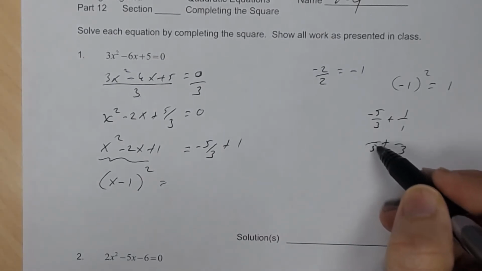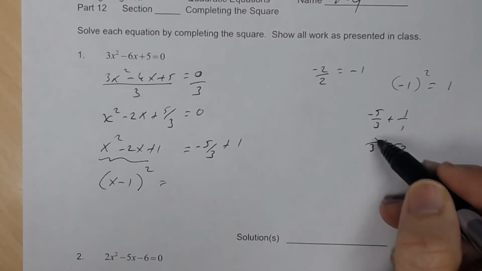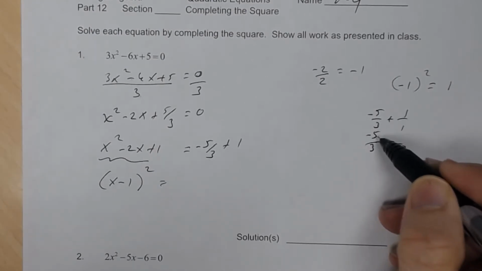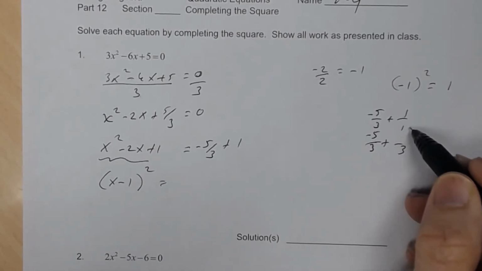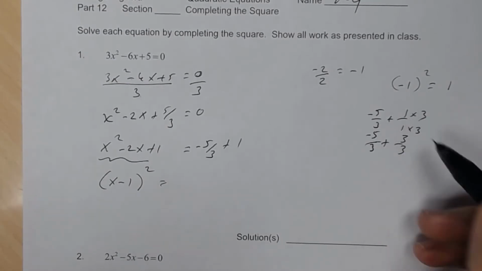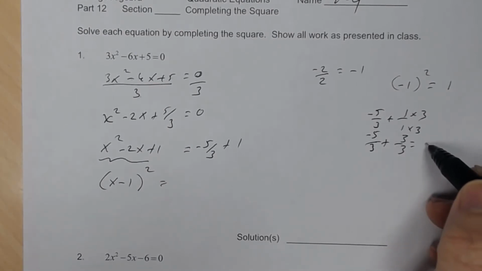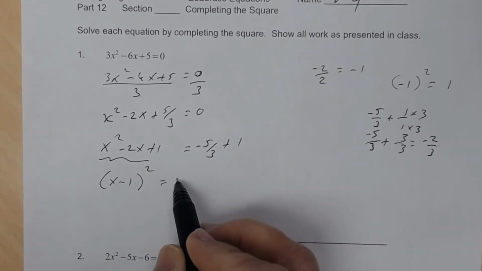All right, so we're going to write equivalent fractions. Since these denominators are already 3's, my numerator is going to stay the same, so it'll be negative 5. And 1 times 3 is 3, so 3 divided by 3 is 1. Now notice that negative 5/3 plus 3/3 is negative 2/3, and so that goes here.